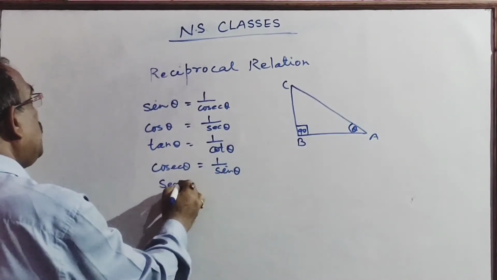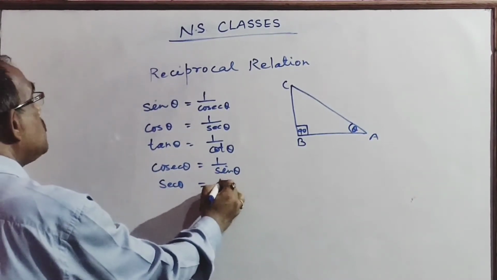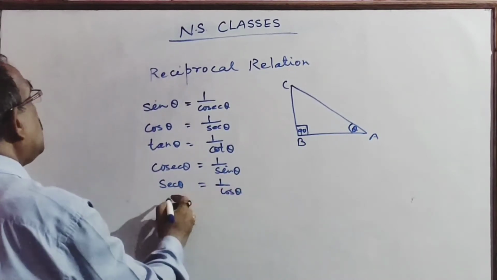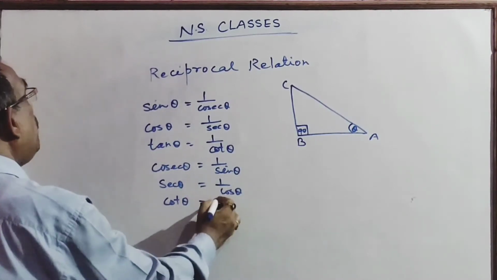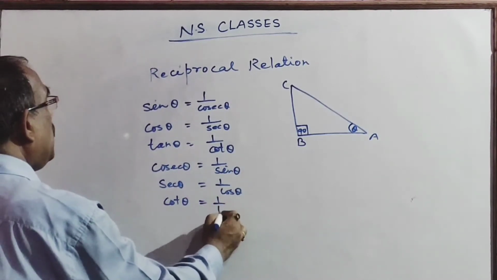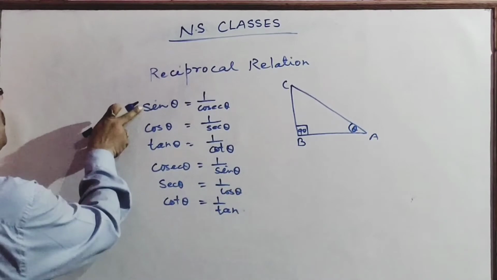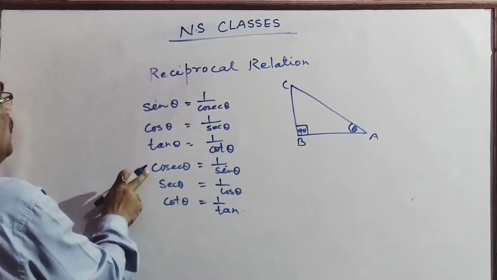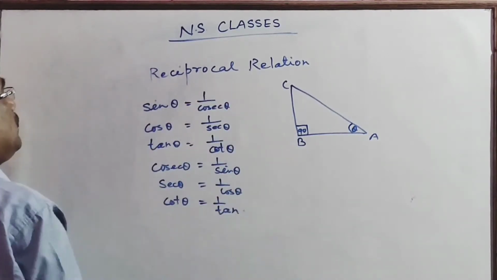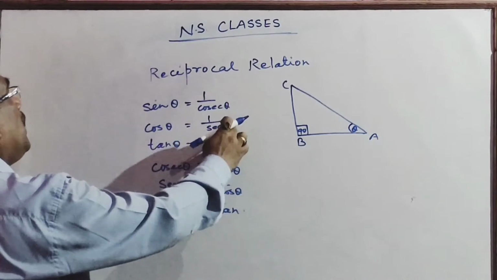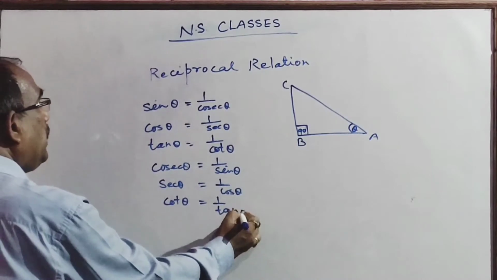If I write here sec theta, then it will be 1 by cos theta, and if I write here cot theta, then the reciprocal of it will be 1 by tan theta. We are having 6 trigonometric ratios: sin theta, cos theta, tan theta, cosec theta, sec theta and cot theta, and their reciprocals are given here: 1 by cosec theta, 1 by sec theta, 1 by cot theta, 1 by sin theta, 1 by cos theta, 1 by tan theta.